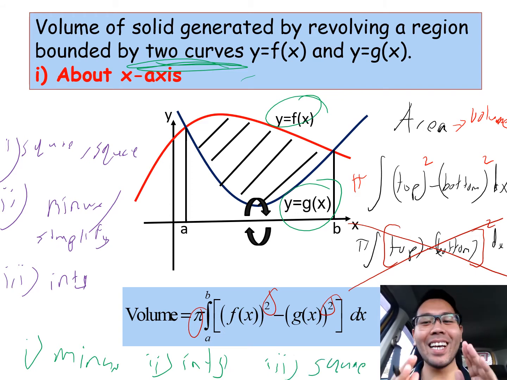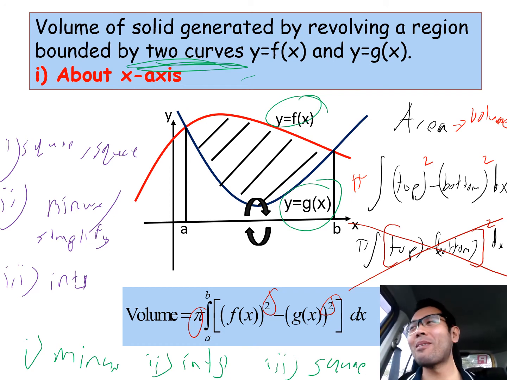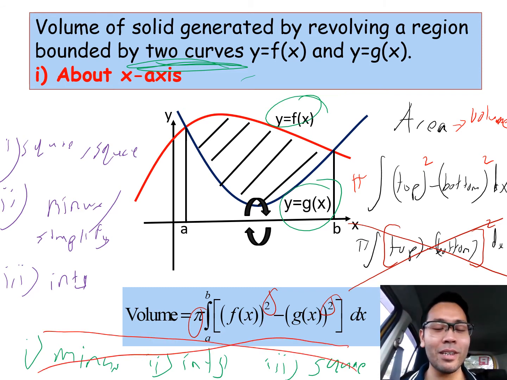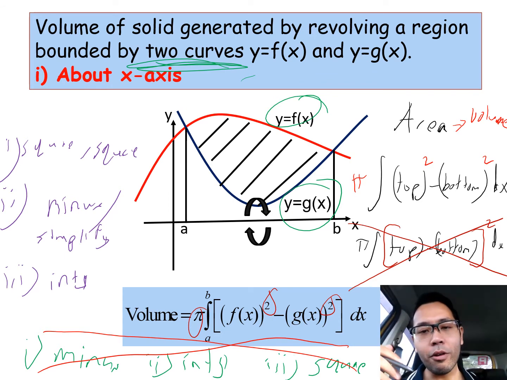I mean, I did this as well when I was still young lah. No, not so young. I think 20 plus. I still do this. Okay, if you do what you mentioned just now, you find the area and then you square, no, it doesn't work. You need to restart the whole thing again because the square appears before the integration, not after the integration. If you see here, the square is inside the integration.